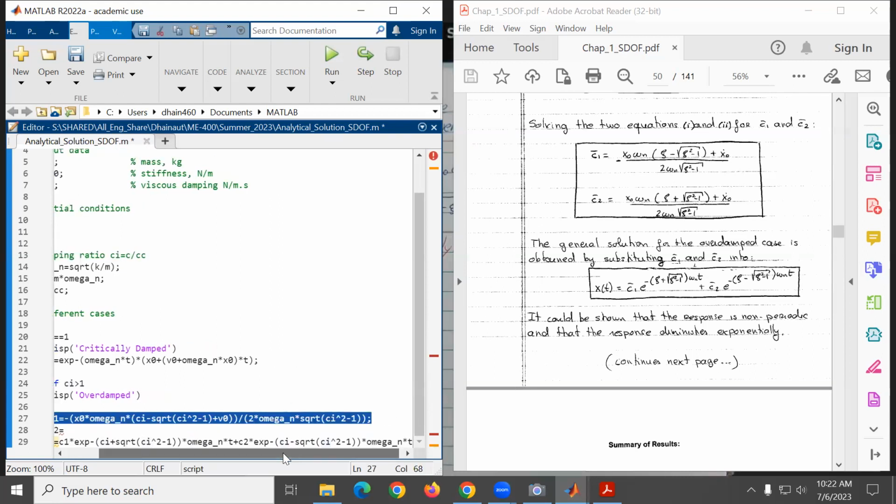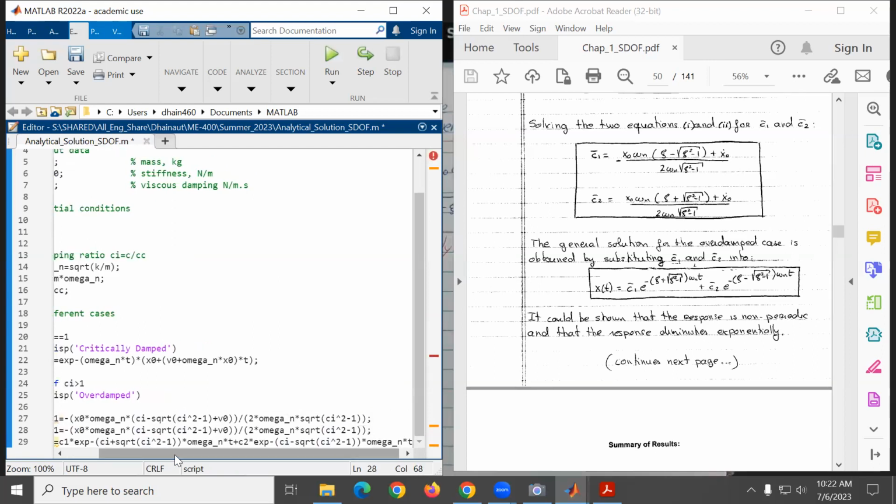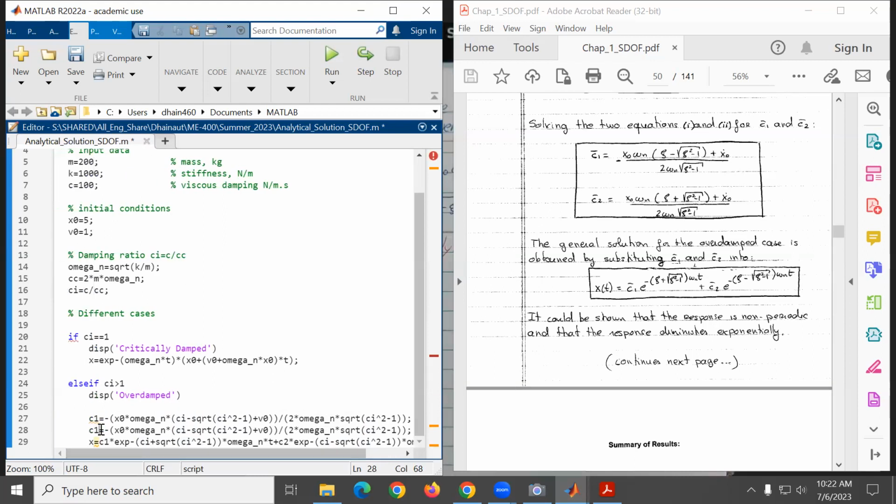I do copy paste. The other one is similar, not equal. Let's see what is changing for C2. The front is positive, and this term over here is positive in the bracket. Everything else is the same.